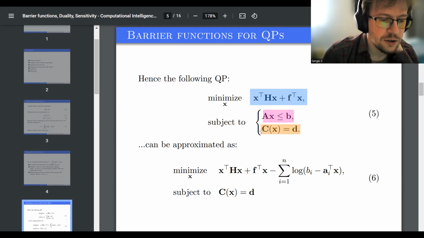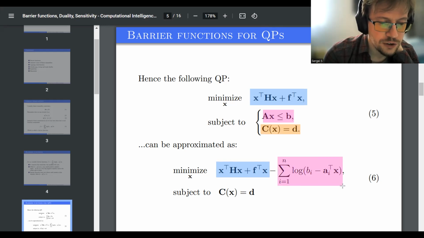Okay. So we can approximate this problem by keeping the same cost. So the cost is the same, but we add to it the barrier function representation of our inequalities. So, those two are related. And we keep exactly the same equality constraints.